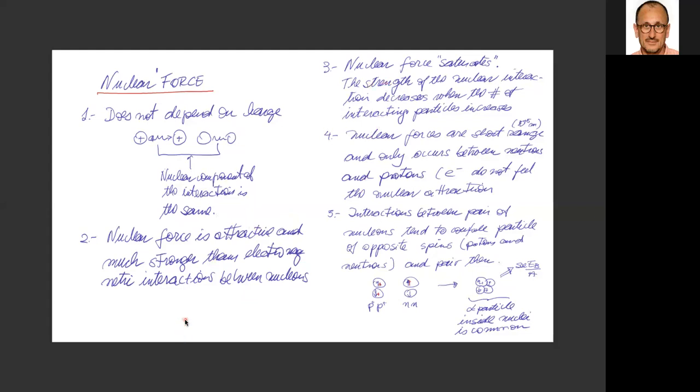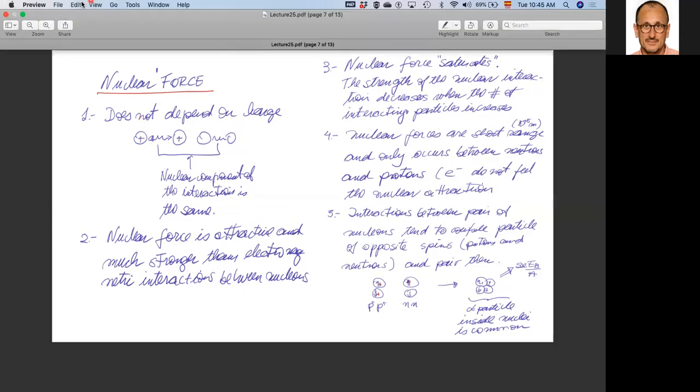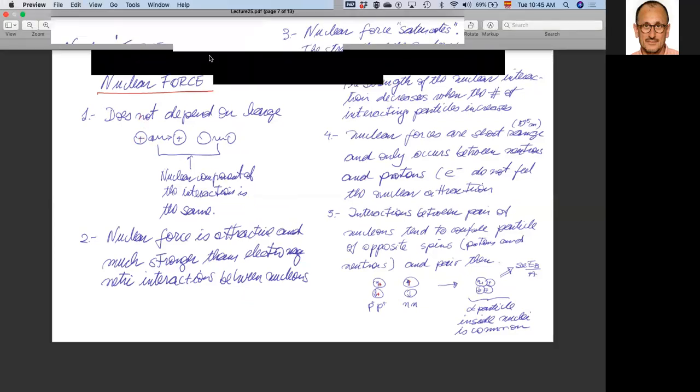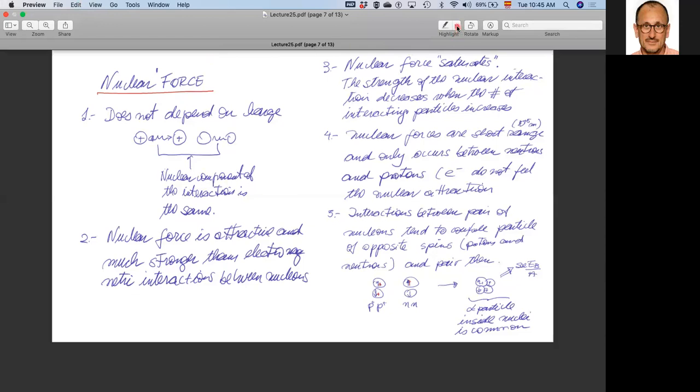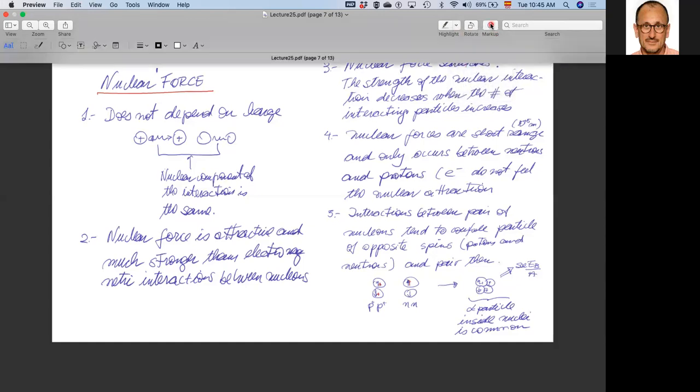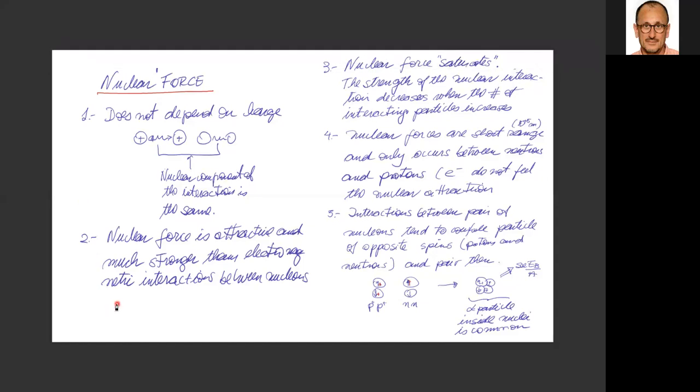There's also a very important other thing. I should have written here that... can I do that? I guess I could. Okay, I want to write here short range. Okay, this is very important.